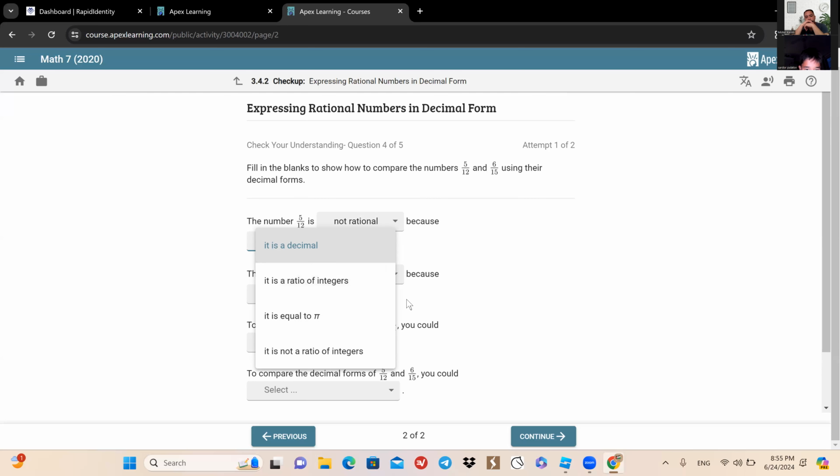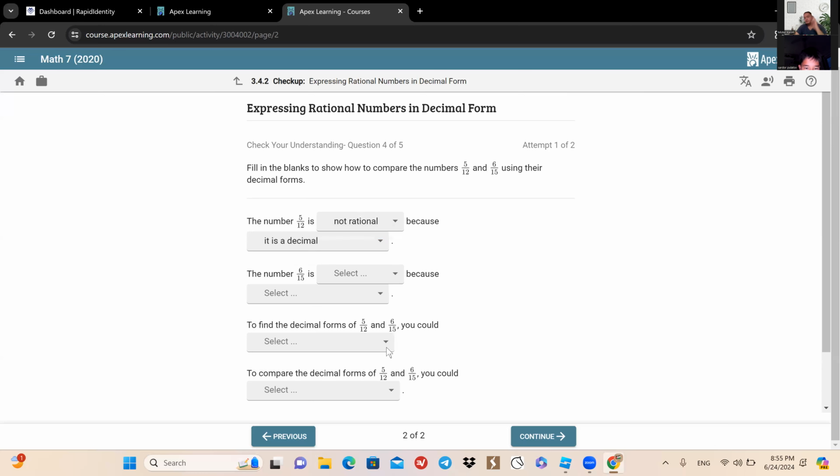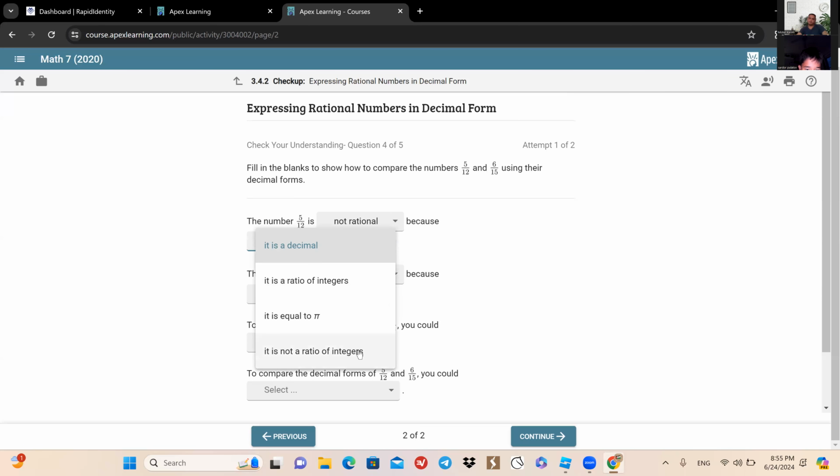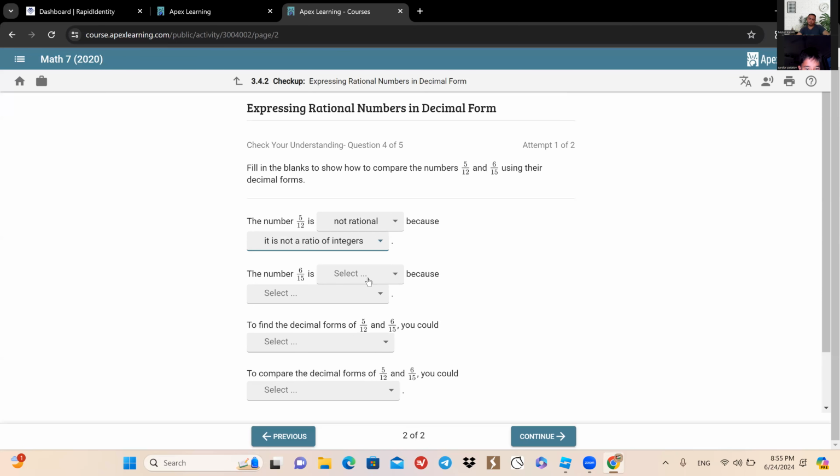It is a ratio of integers. The number 6 over 15. The number 5/12 is not rational? Why is it not a rational number?